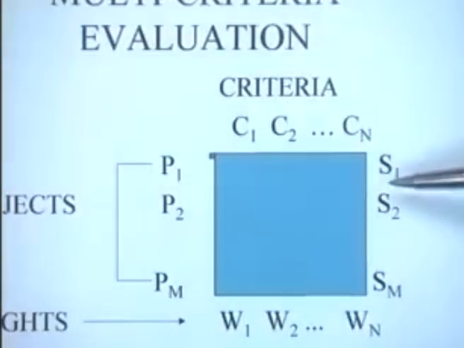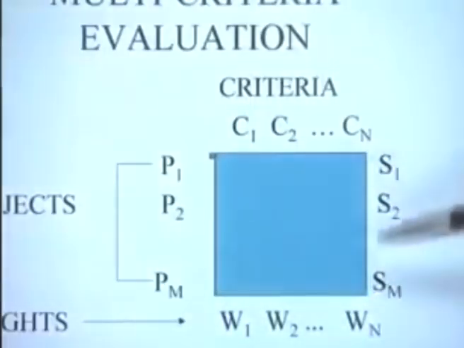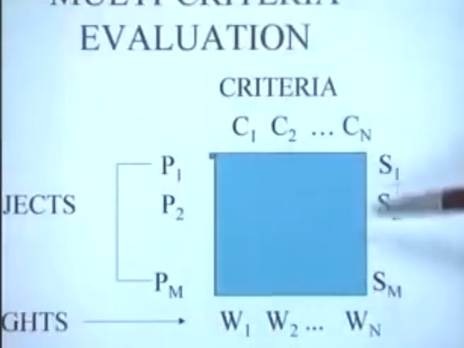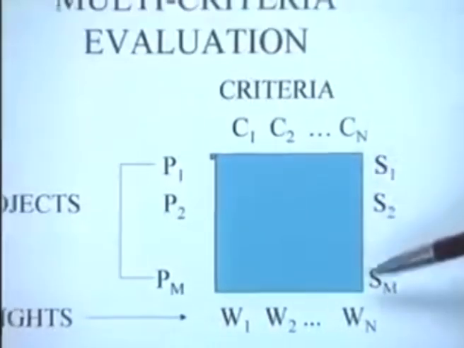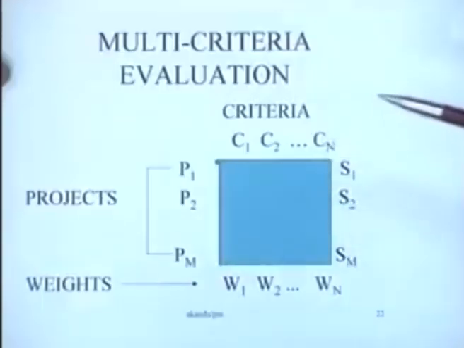So we are essentially trying to use similar concepts in trying to rank these various projects. So multi-criteria evaluation of projects can be done in this particular way using a decision matrix approach, and there are various other techniques like TOPSIS, like simple additive weighting or hierarchical additive weighting, which can be utilized for carrying out this kind of analysis.